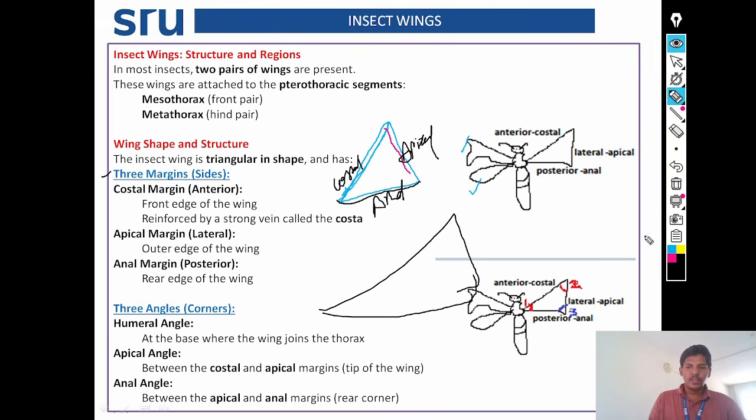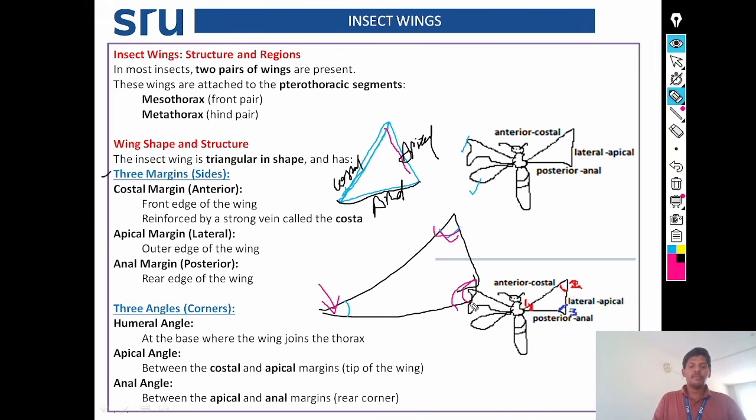Like that, in an insect wing, 3 angles are also there. That is humeral angle, apical angle, and the third one is the anal angle. This is the humeral angle at the base where the wing joins the thorax. Apical angle is the angle between the costal and apical margin, at the tip of the wing.